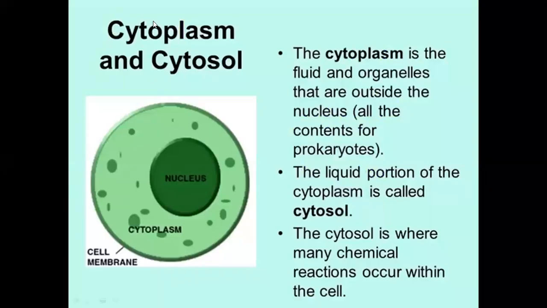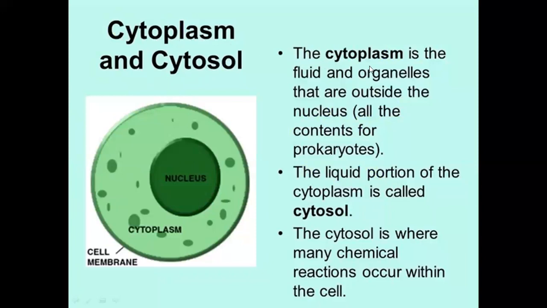Now, the next structure of the cell is cytoplasm and the cytosol. So the cytoplasm, kids, as I have already told you, cyto means cell and plasm means fluid. So cytoplasm altogether means the fluid present in the cell.